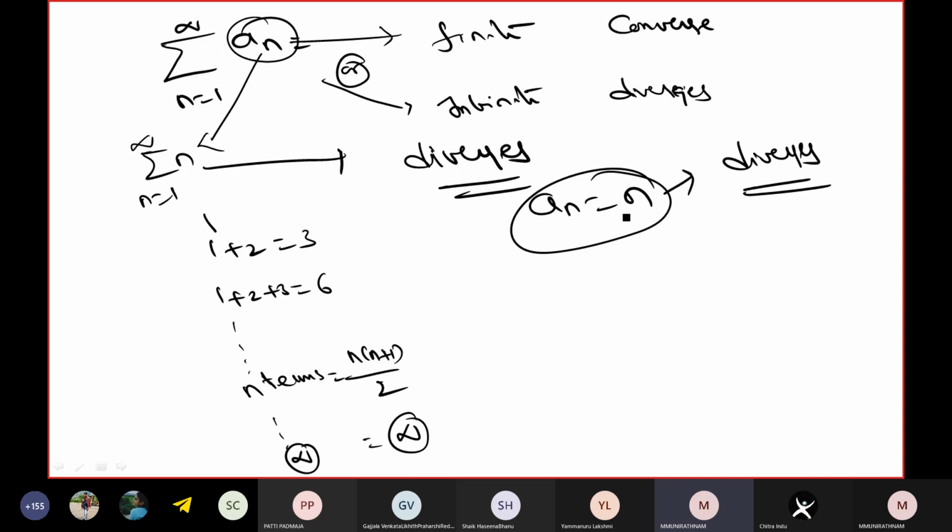So now we are going to verify for what kind of an the sum is able to find, or the series converges, okay na. That is our main aim.